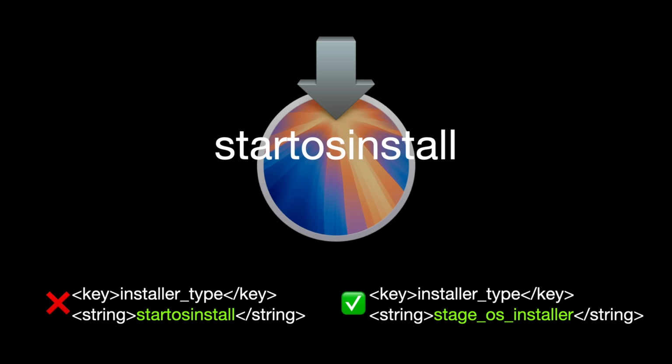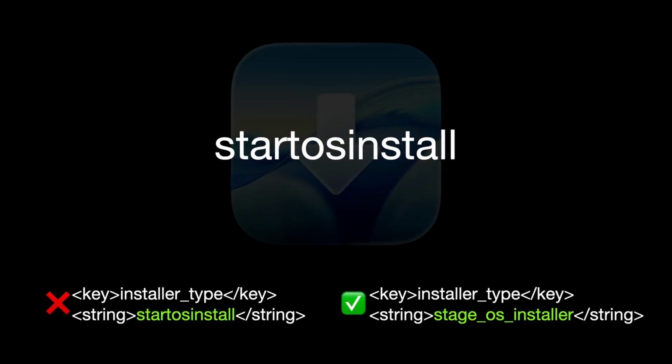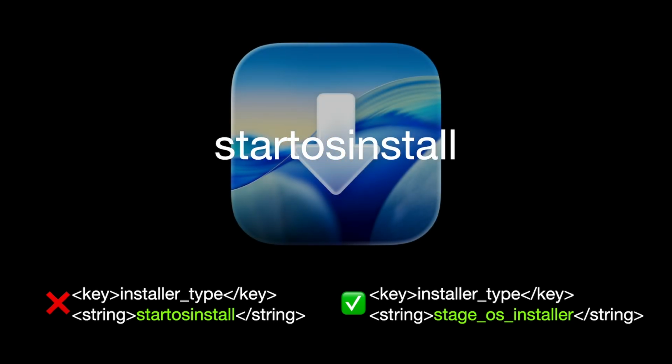If you use Munki to help upgrade macOS on your fleet, you need to know that the startosinstall installer type, which was used to upgrade macOS on Intel Macs, is no longer supported. There's still another way to install macOS. It's called stage_os_installer. That works on both Apple Silicon and Intel.